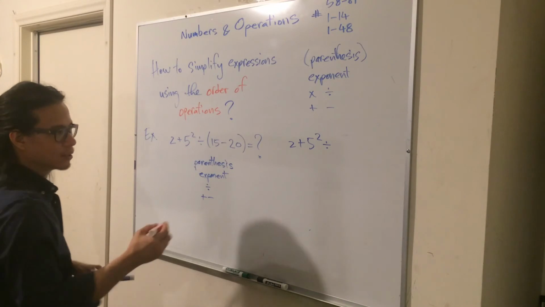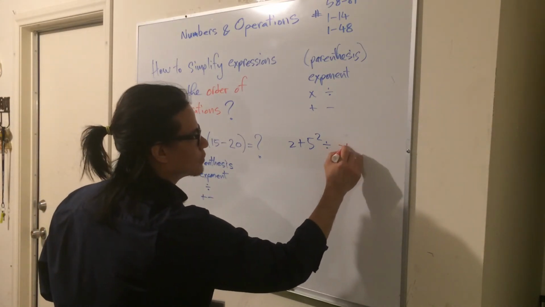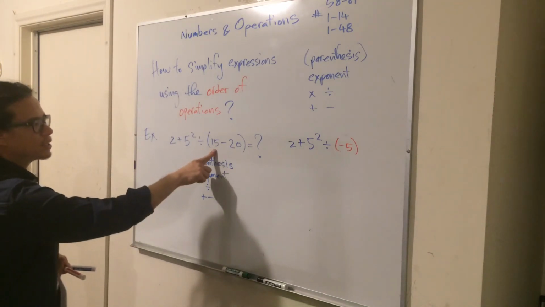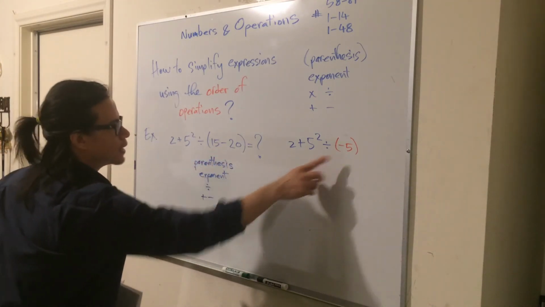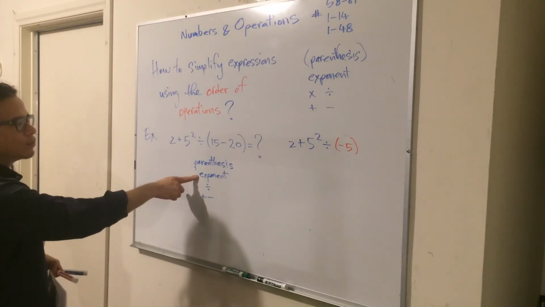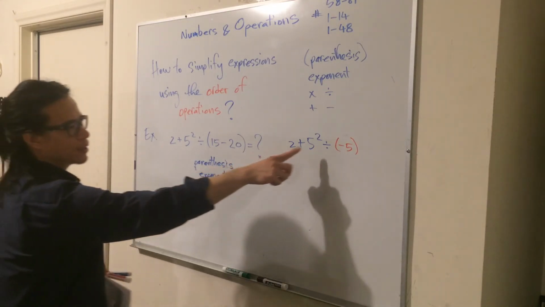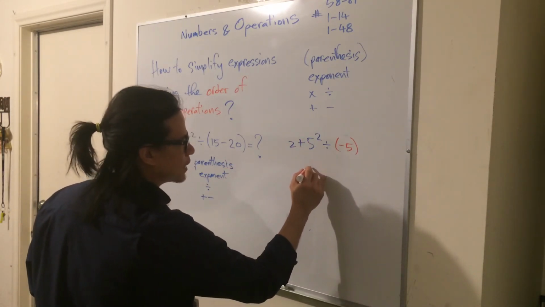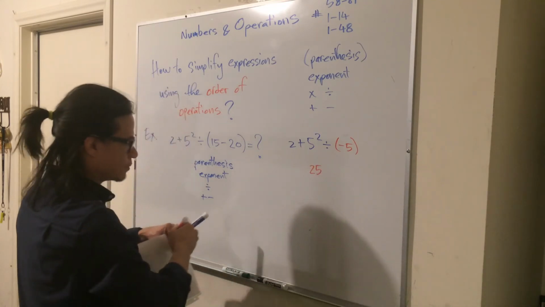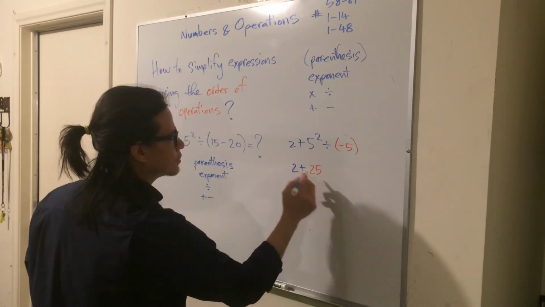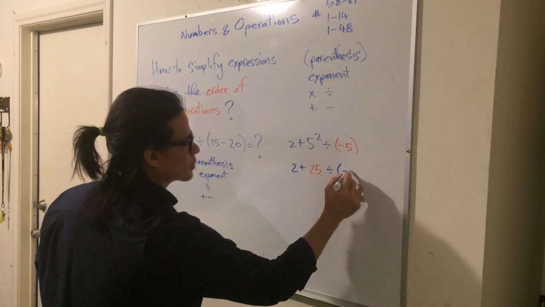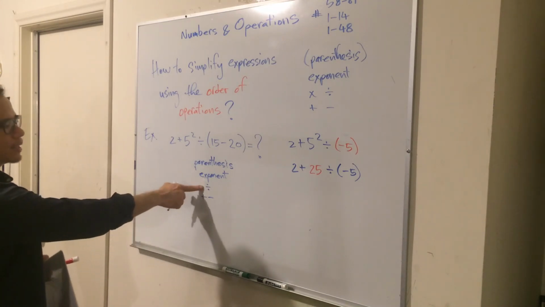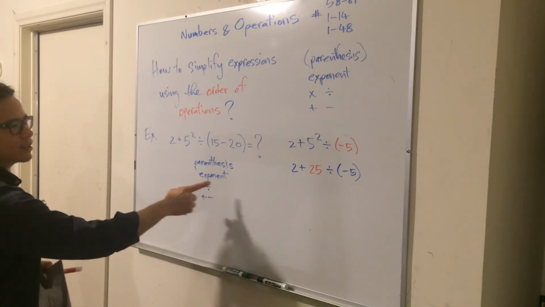Okay, and here we have 15 minus 20 is equal to negative 5. Moving on to exponent. Here it is. 5 to the second power is equal to 5 times 5 is 25. So everything else stays the same. Next stop is the divide.